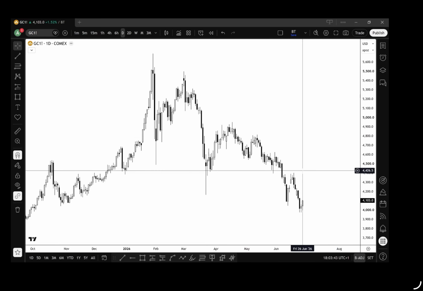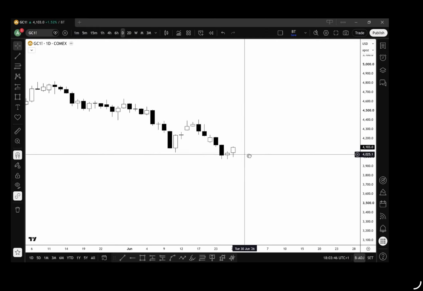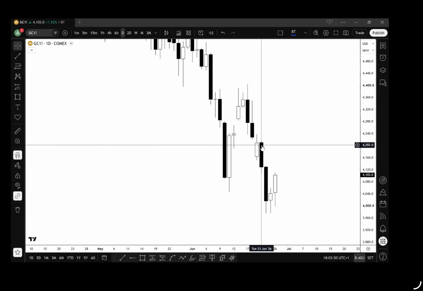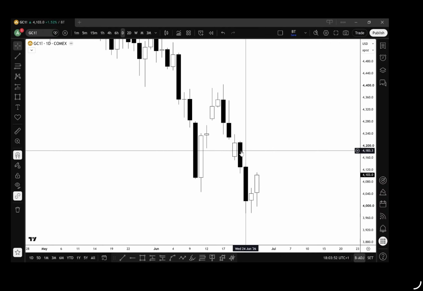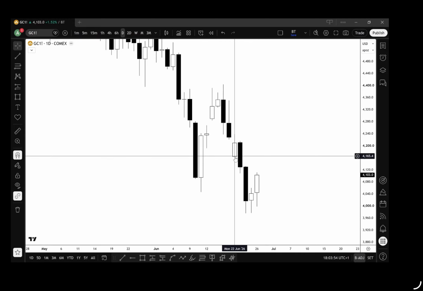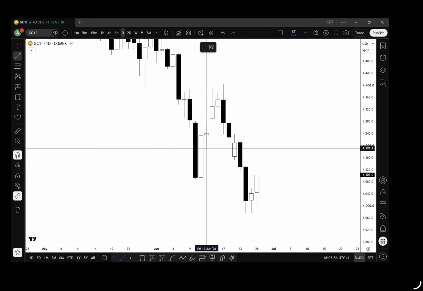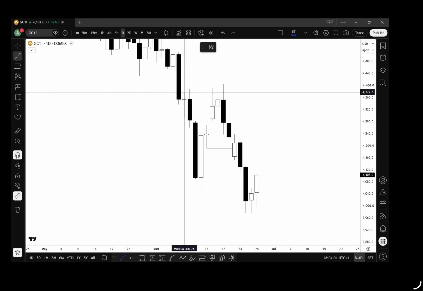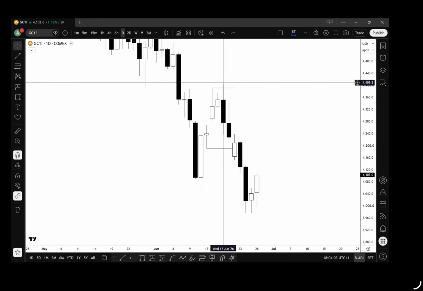Now what did we do on a day by day basis? Just to give a quick snapshot, on Monday we took out these lows to the left, so we took out some internal. We've induced buyers through a break of structure to the upside.